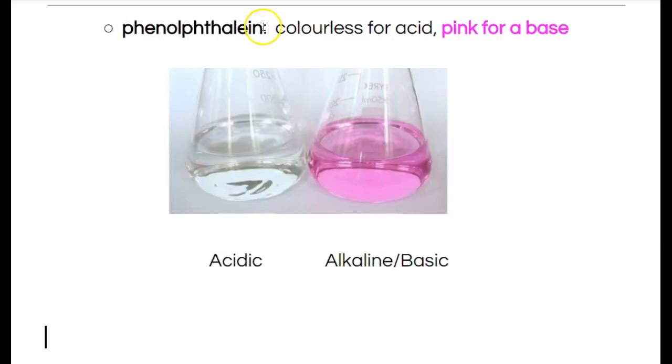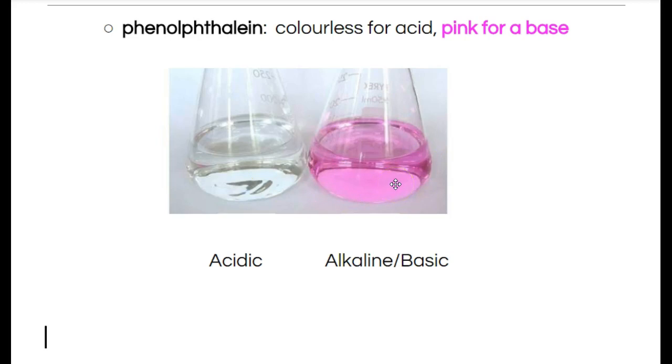Phenolphthalein is another chemical, and I'll show you this in class as well. It's kind of cool. Basically, if you add it to an acid, the acid would originally be clear and colorless, and it would remain the same. But as soon as you add it to a base, it turns this beautiful pink color.